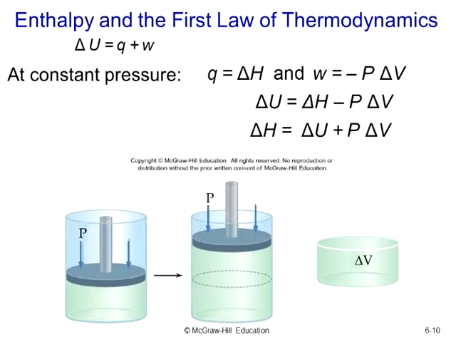Another way to express this law and to look at what's called enthalpy is to again recognize that delta U, which is the change in the internal energy of the system, is equal again to the heat plus the work. Now at constant pressure, heat equals delta H, which is our term enthalpy or change in enthalpy.